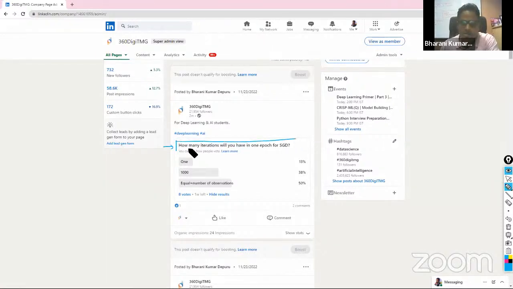how many iterations will you have in one epoch for SGD? A or B or C? You can use the chat window also on Zoom and answer. Is it A or B or C? Let's see how many of you all will answer.